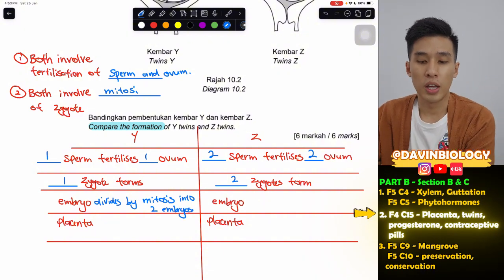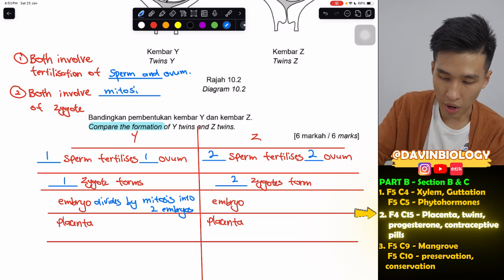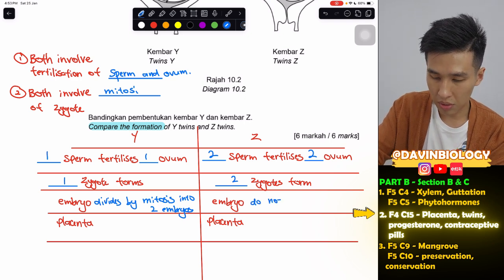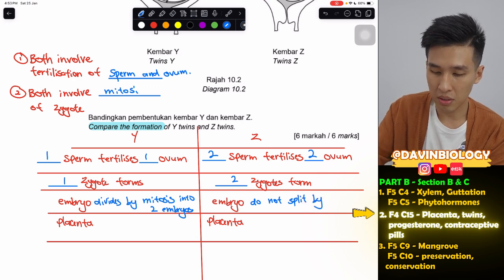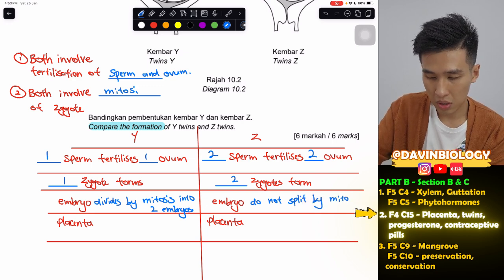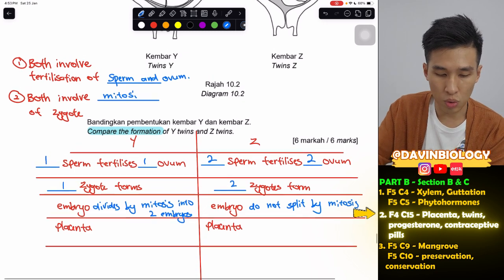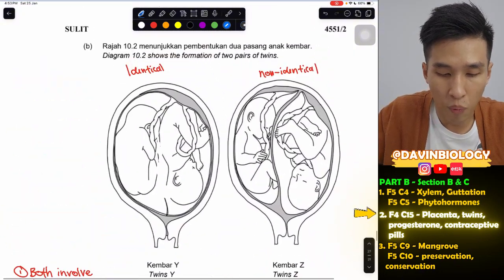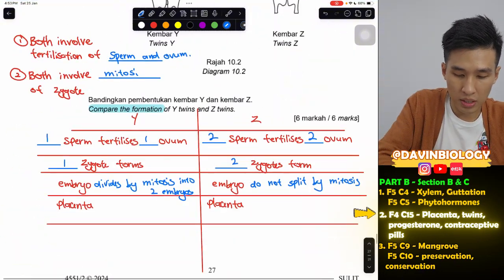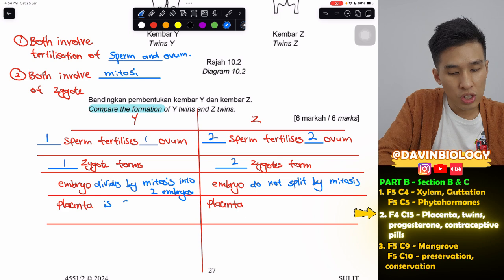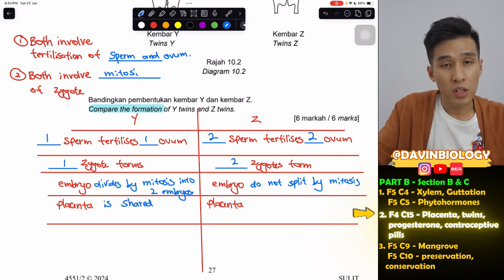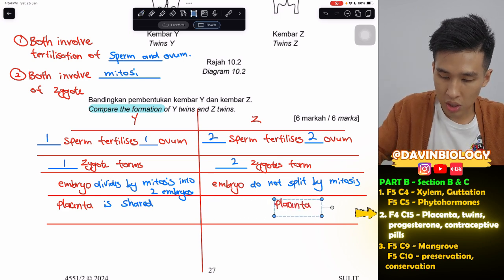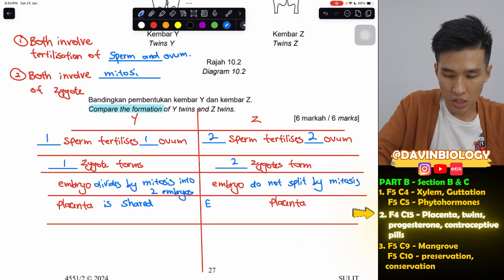But for non-identical, the embryo does not split or divide by mitosis. And the placenta, just like we mentioned already, during the development of identical twins, they only have 1 placenta. So the placenta is shared. For non-identical, each twin has its own placenta.